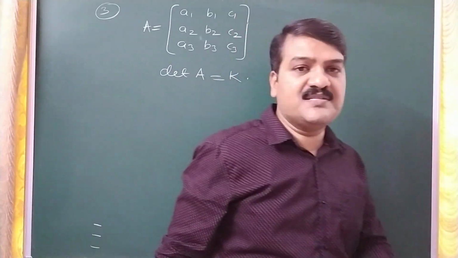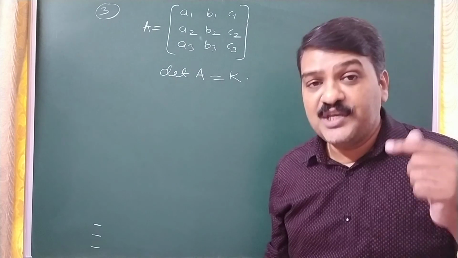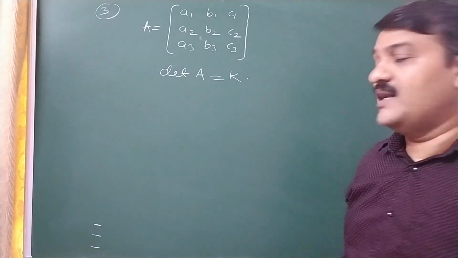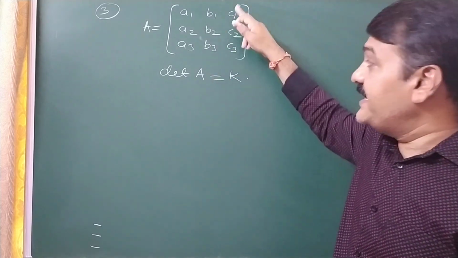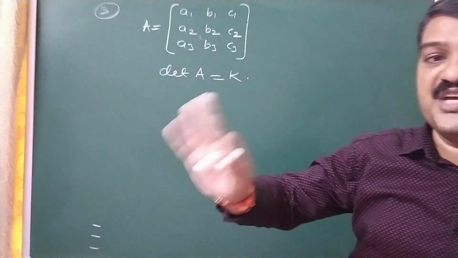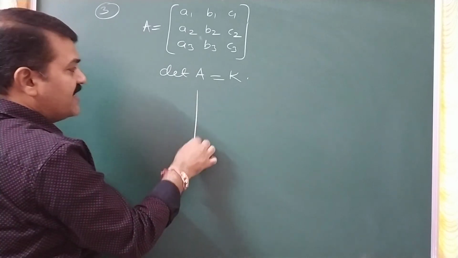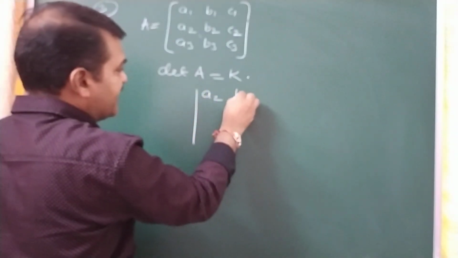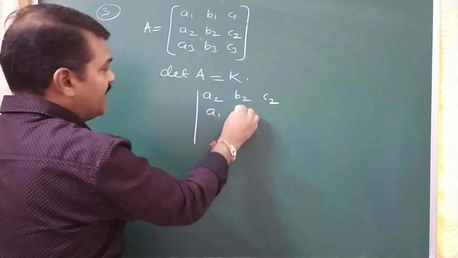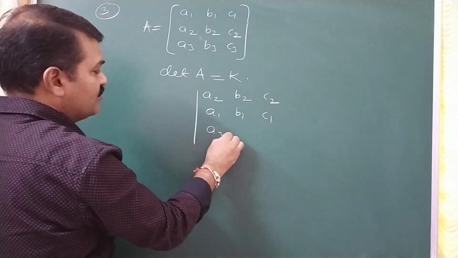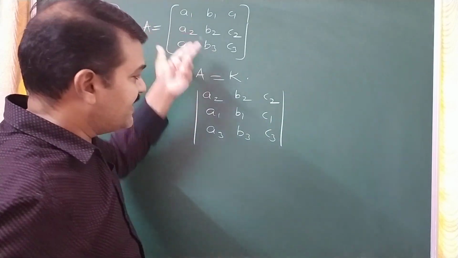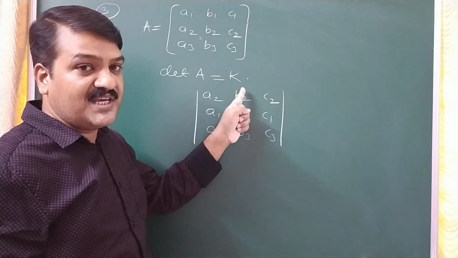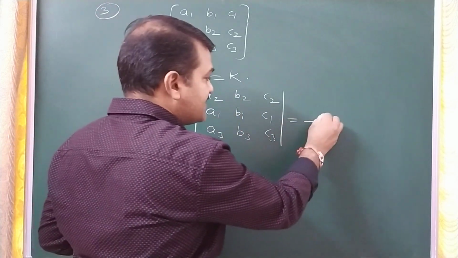When you interchange any two rows or columns, the determinant sign is going to change. For example, if I interchange the first row and second row, because I interchange two rows here, originally the determinant value is k, now the determinant value's sign will change.